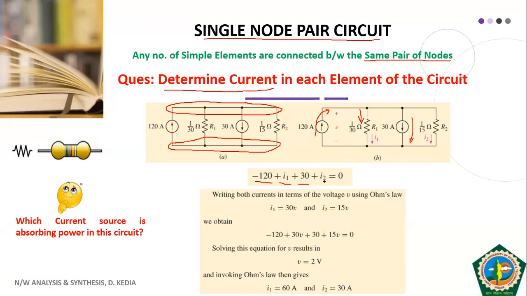Similarly, I2 is also moving out, that's why +I2. So there is only one incoming current, the rest are outgoing currents, that's why their sum is equal to 0.